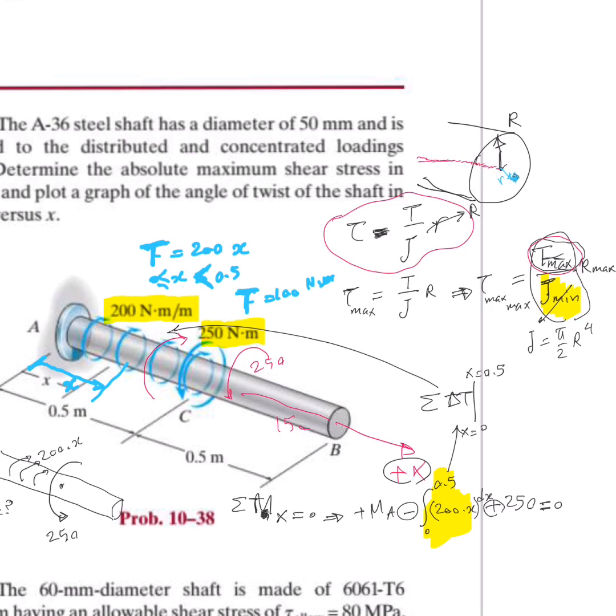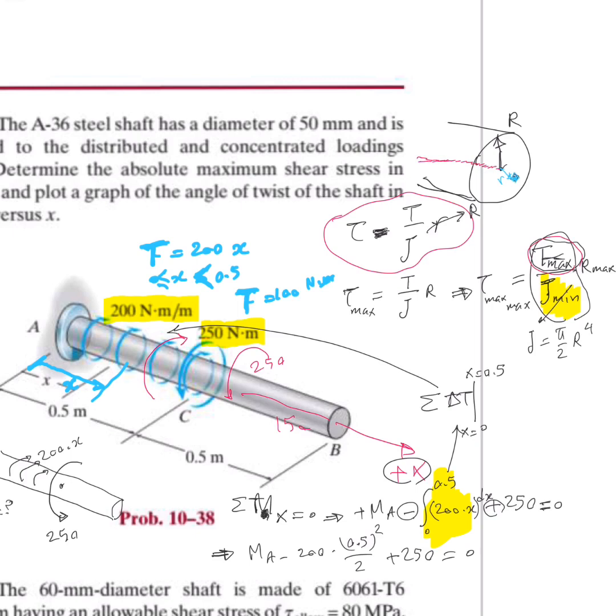So then I solve this for MA. Let's compute this integral. MA, negative, this is going to be 200 times x squared over 2, which is 0.5 squared over 2, plus 250 is equal to 0.